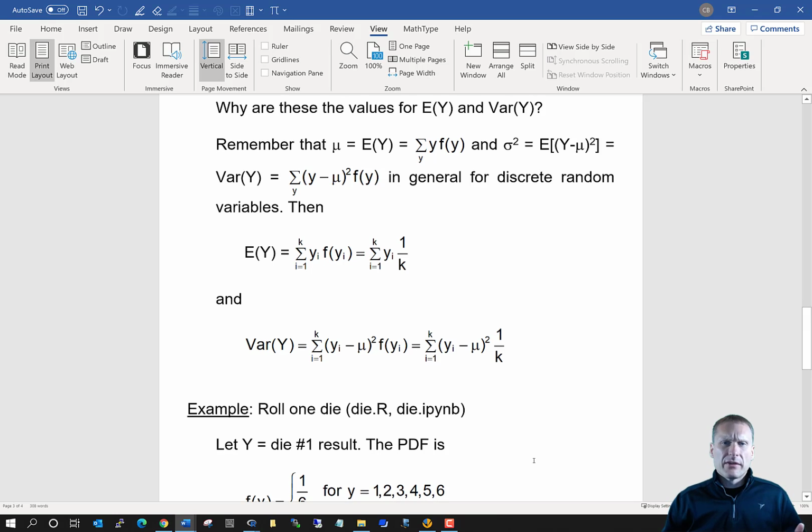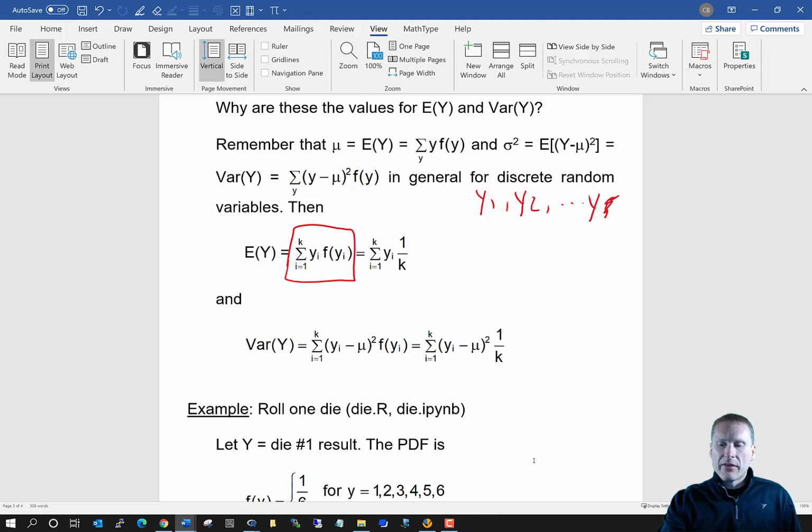Well, let's look at this more closely. Why do we have these expressions? In general, the expected value of y is the sum over all the possible values that y can take on. What we're summing is y, and we're multiplying it by a weight, that corresponding probability. So in this particular case, we have y1, y2 down to yk.